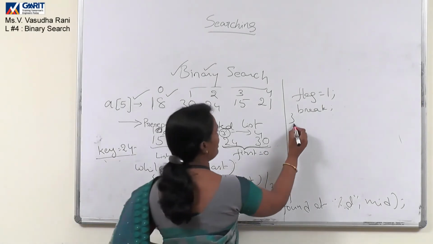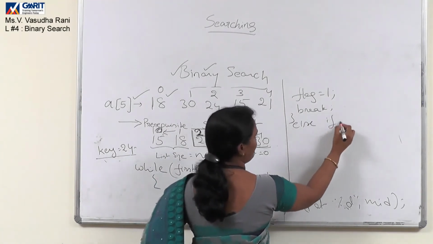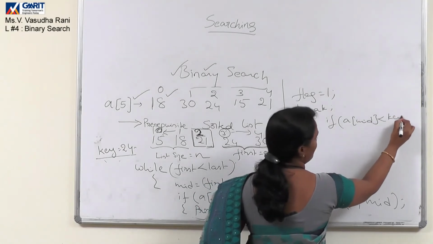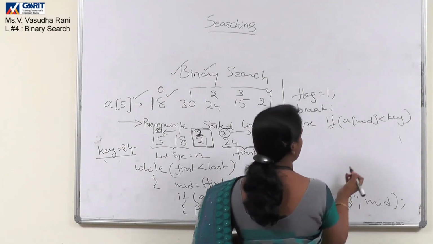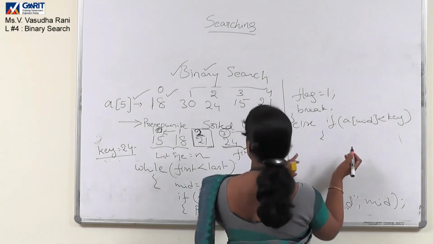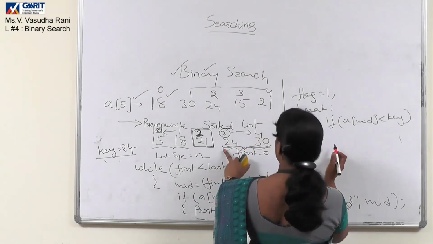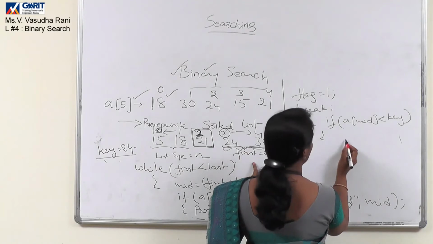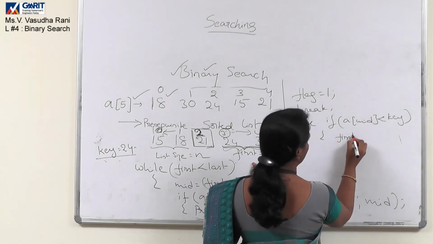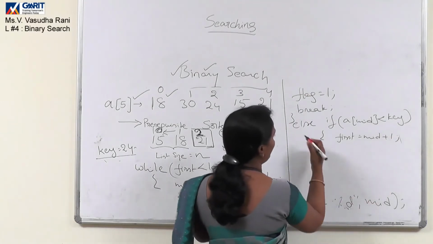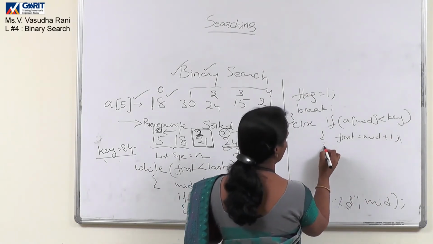So considering that, else if A of mid is less than key, our first and last values will be changed according to the new list. Here the new list will be the second part, so our first will become mid + 1 and we repeat our procedure.